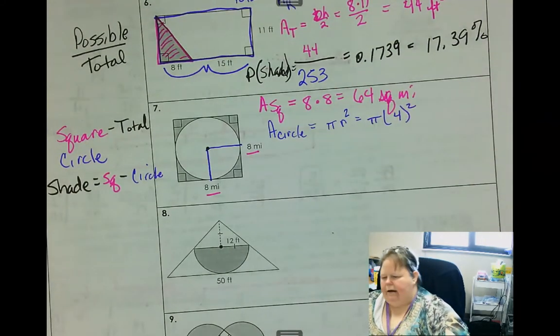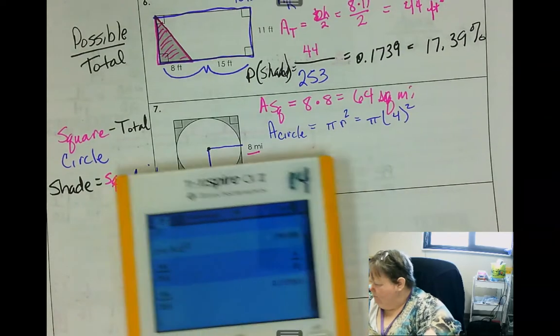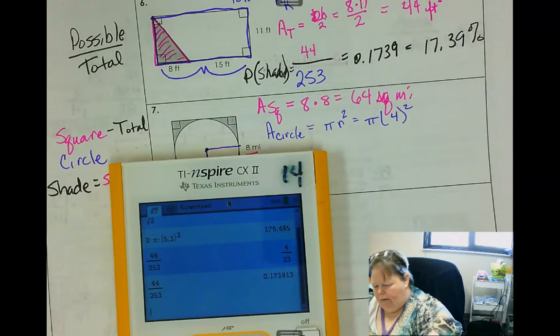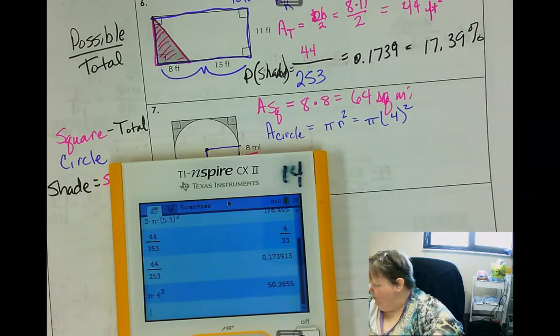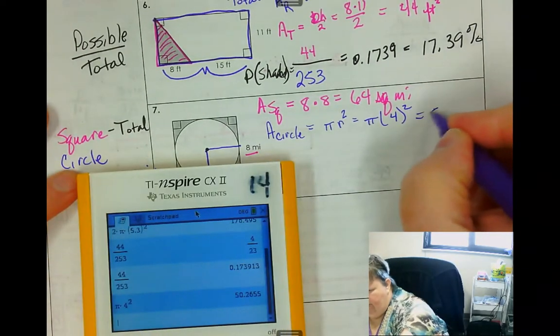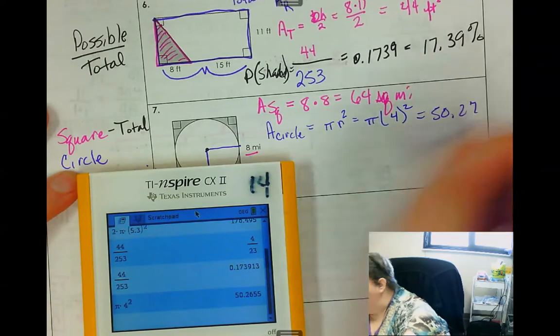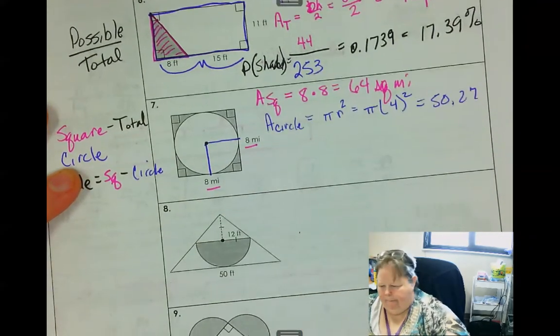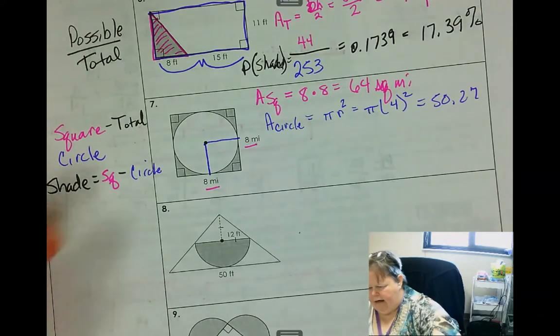Put that in our handy dandy calculator. Pi times 4 squared equals 50.27. Okay.